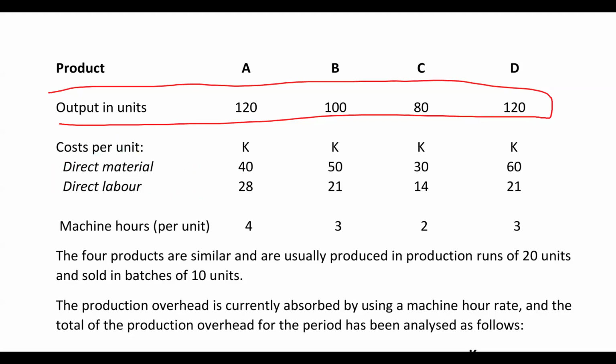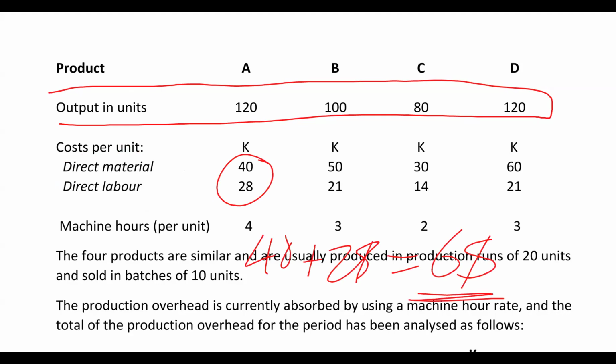So when you add, for example, for product A, 40 plus 28, giving you 68, 68 kwacha is actually the prime cost per unit of product A. Prime cost, because prime cost is only for direct costs. Even here, you add that plus that being 71, that's the prime cost per unit.